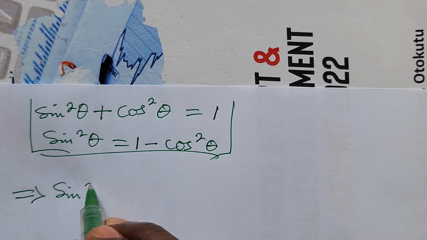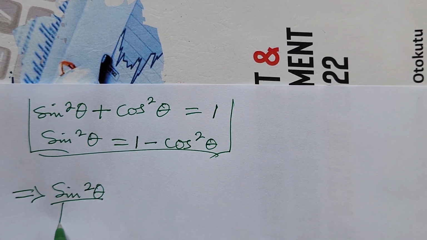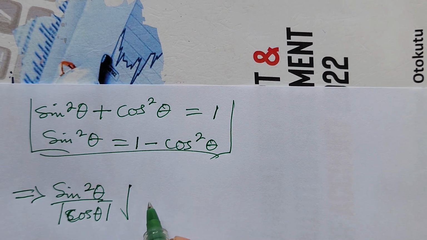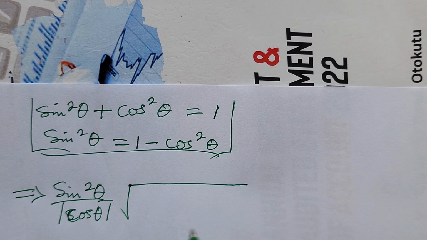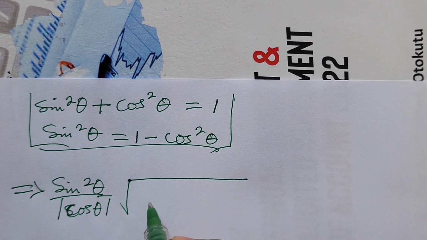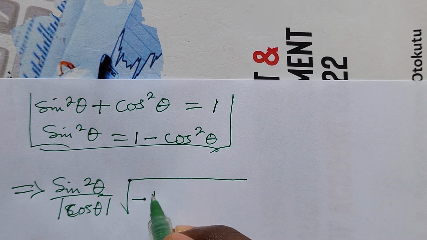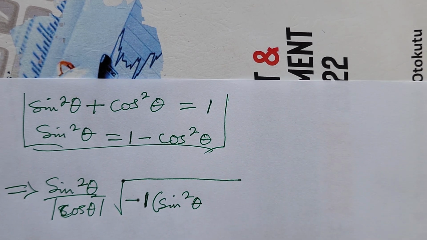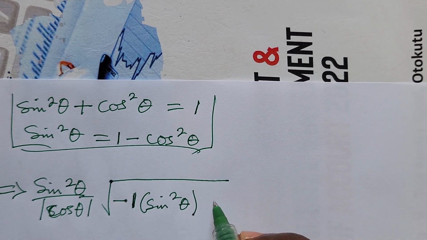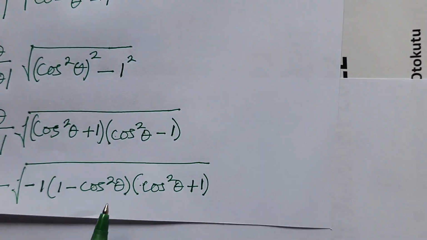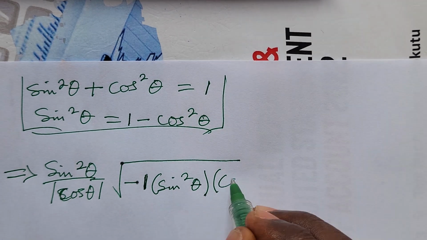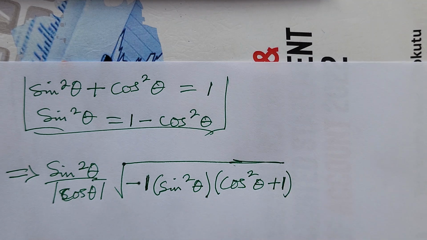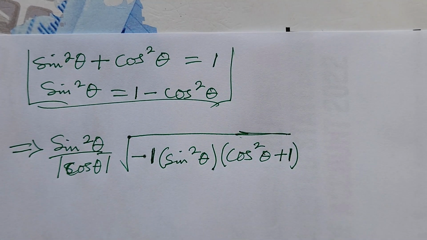So we have here sine square theta all over the absolute value of cos theta, then into the square root of minus 1 into sine square theta, close bracket, into our expression still here, which is cos square theta plus 1, close bracket. Are we learning something from here?